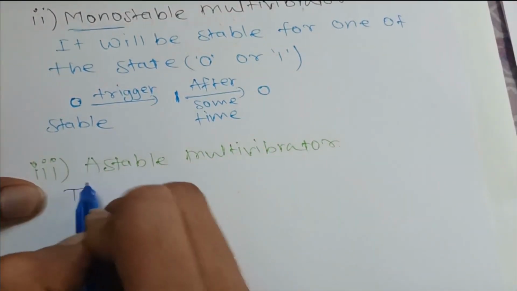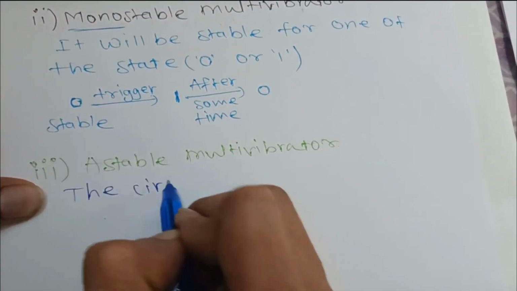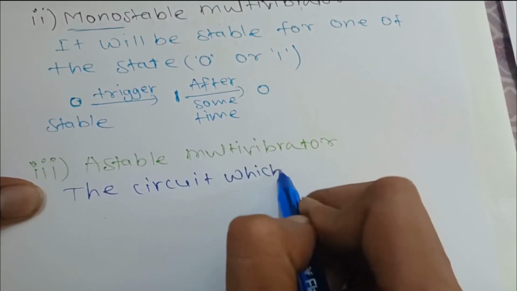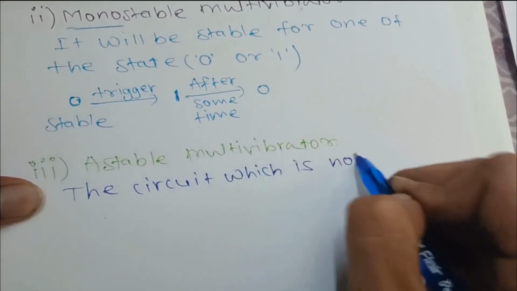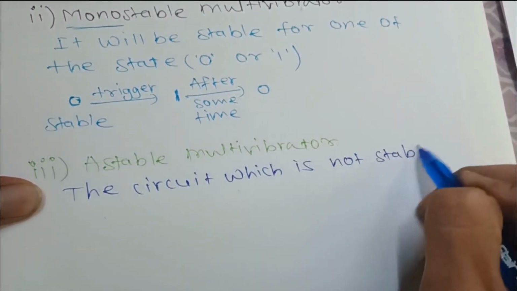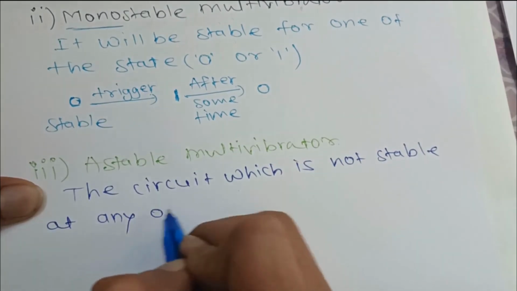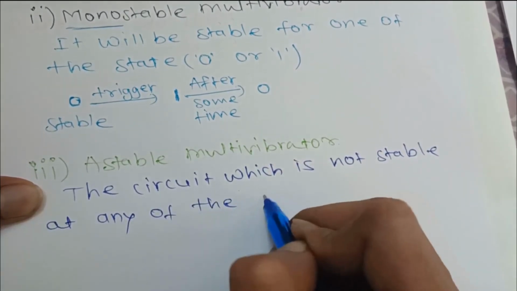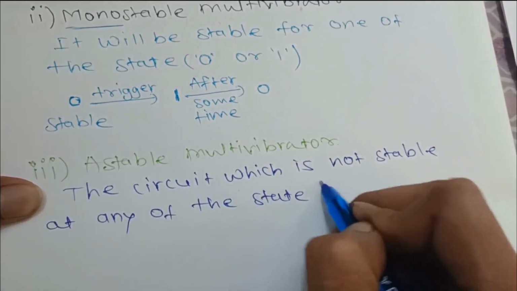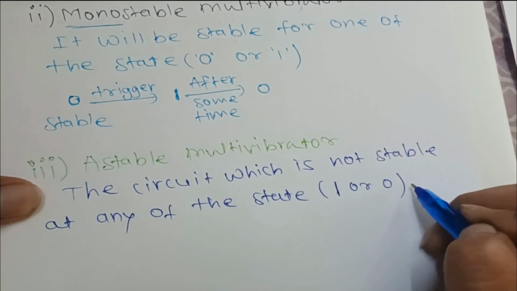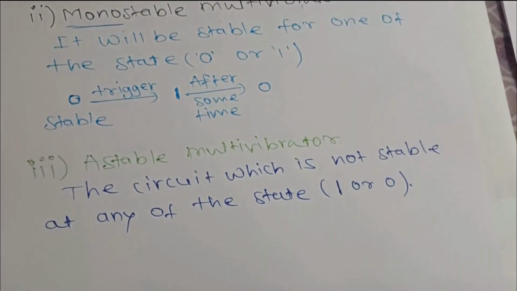The circuit which is not stable at any of the states, that may be 1 or 0, is known as an astable multivibrator.